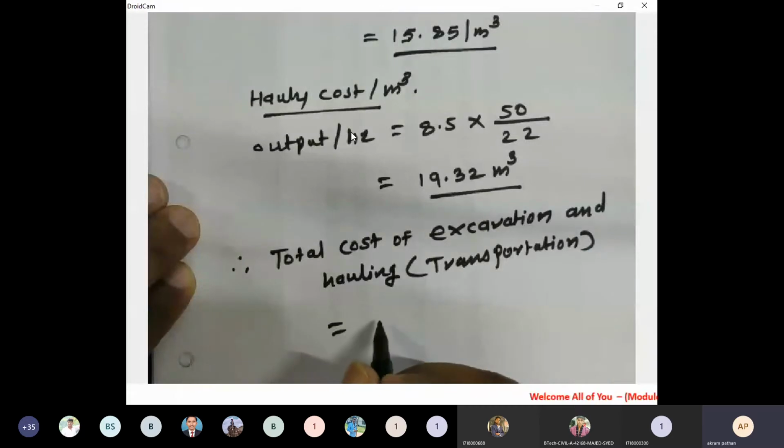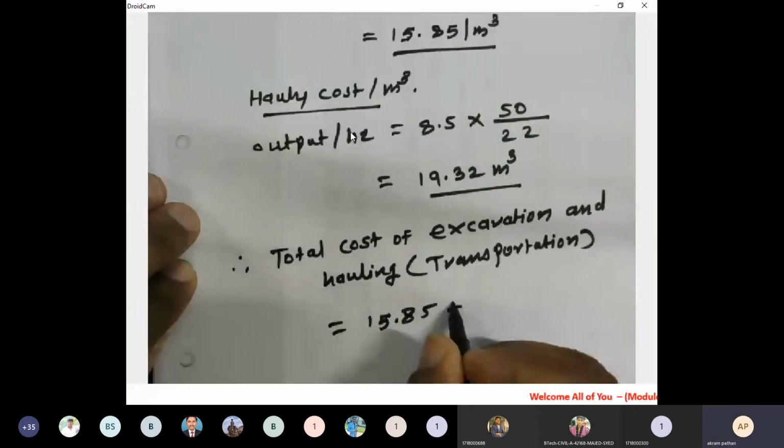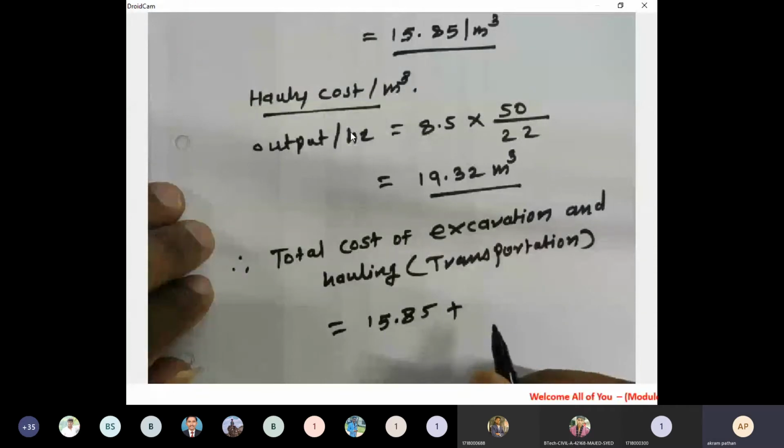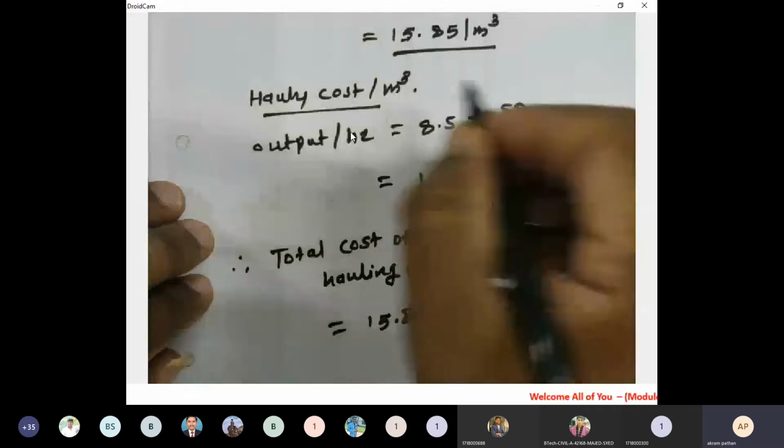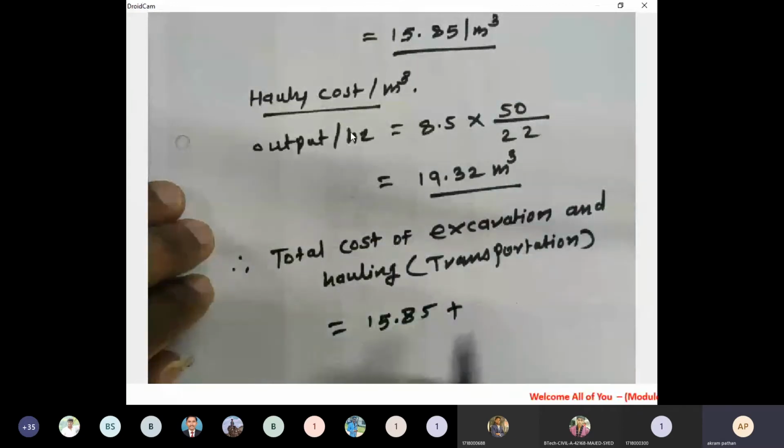So we generally require 15.85 plus 19.32.